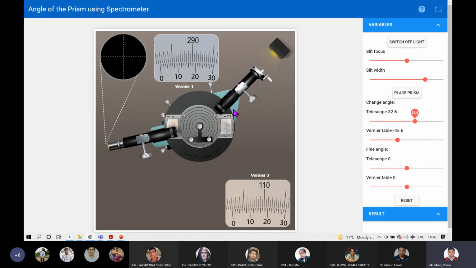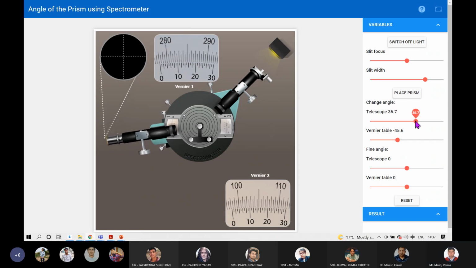I have told you this vernier scale will give you the angle between this collimator and the telescope. So can you tell me the least count and the minimum main scale division in this particular scale? I will move the telescope slightly more so you can see.